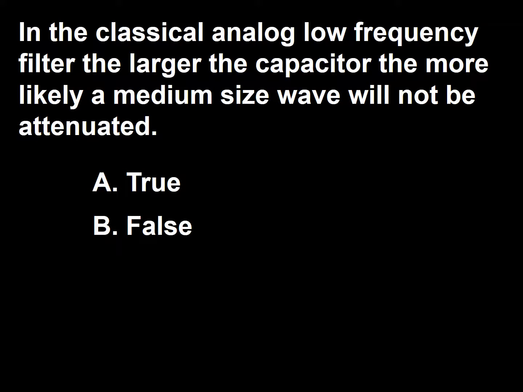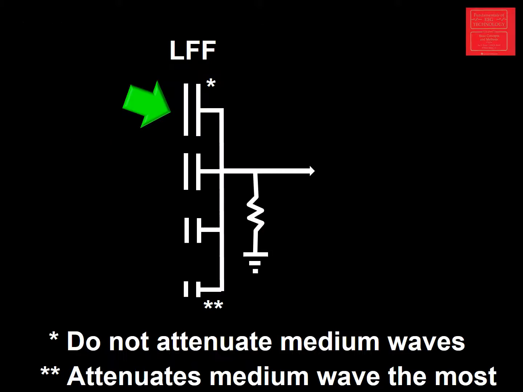Next question. In the classical analog low frequency filter, the larger the capacitor, the more likely a medium-sized wave will not be attenuated. A, true, B, false. Low frequency filters with large capacitors do not attenuate medium-sized waves. Low frequency filters with small capacitors attenuate medium-sized waves the most.